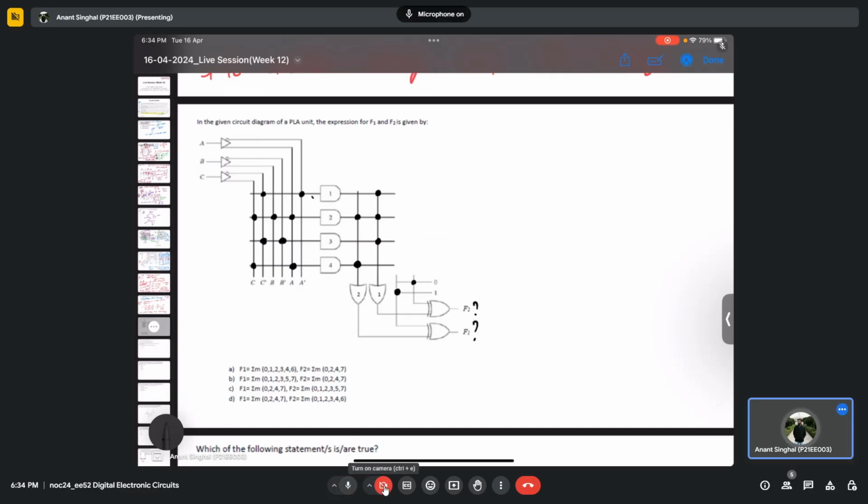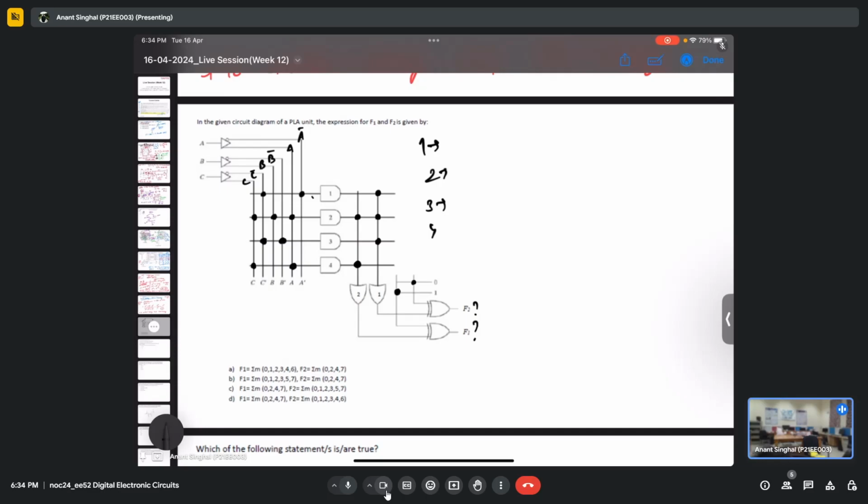Okay, so we have this programmable logic array here. We will just write each of the inputs and outputs, and to solve it, we'll apply the K-map technique. So first of all, we'll write these inputs and outputs. So this is A complement, as you can see. This is A, this is B complement, this is B, this is C complement, and this is C. So what we have as the output, I'm writing 1 2 3 4 here.